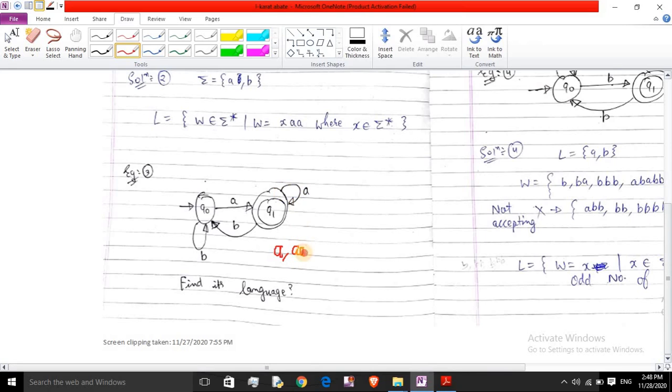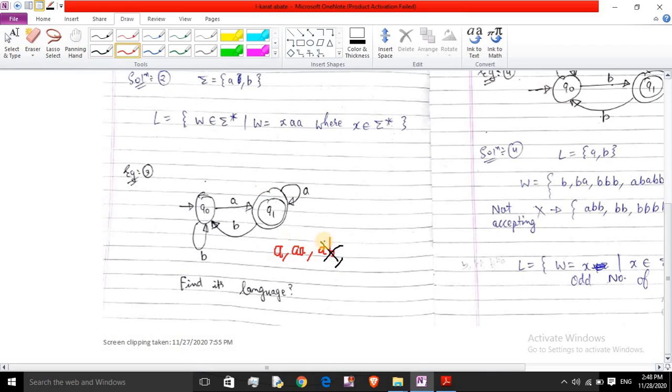It can be any number of A's. Now if we get a B, then we will go to our initial state, which is Q0. So suppose we have a string like AB, then we will go to our Q0 state. It means this string is not accepted by this machine.